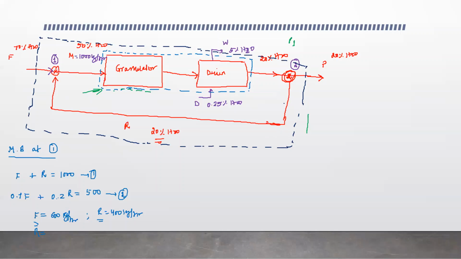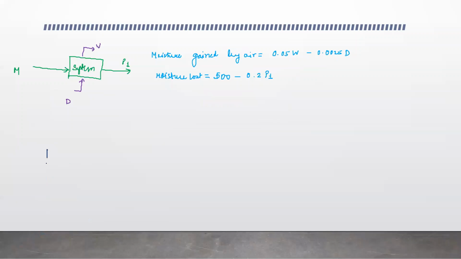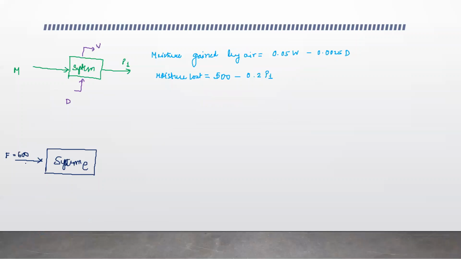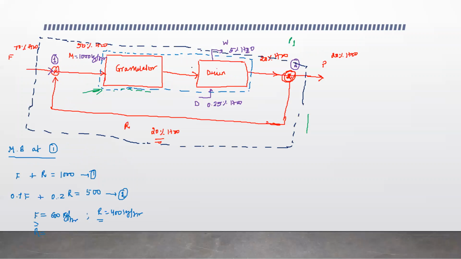So over here, if you see, if I'll draw this block diagram. So this is my entire system. Okay. And over here, you have feed coming in. Feed we have calculated it as 600 kg per hour. Right? We have the product leaving, which we don't know. And we have some moisture that is lost.